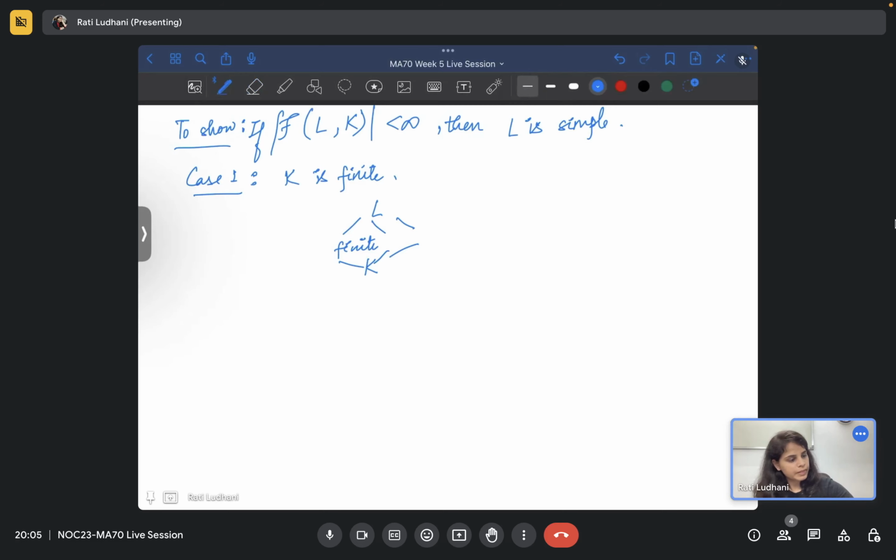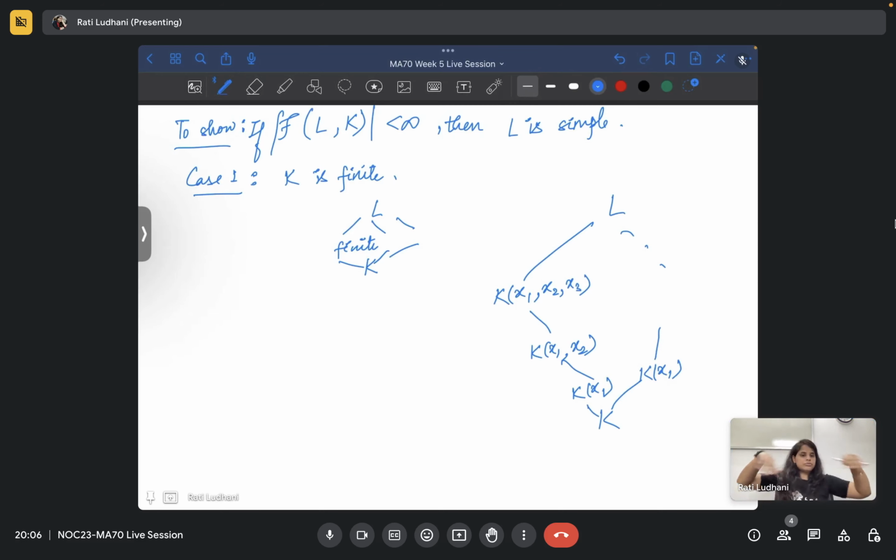So you have L, you have K. You can have x1 x2 x3, and there is like x1 x2. So it will be like this. There will always be a tree like this. Now you can have K x1, but there are finitely many.